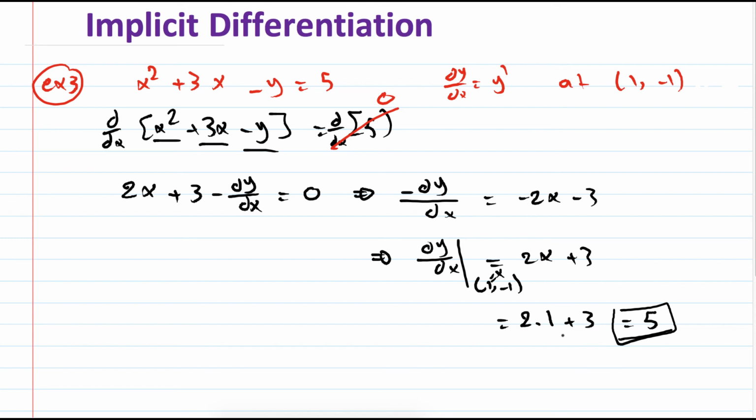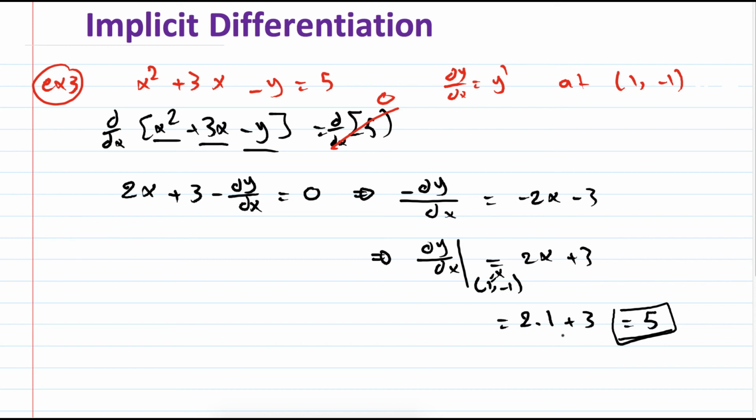But all you have to keep in mind is, with implicit differentiation, you have to find dy over dx or y prime of a particular equation. And all you have to do is, after any derivative that you take for any y, you put dy over dx, and at the end, when you have a lot of terms that have dy over dx with them, you'll put them on one side and the other terms on the other, and then you'll find the function in terms of dy over dx.